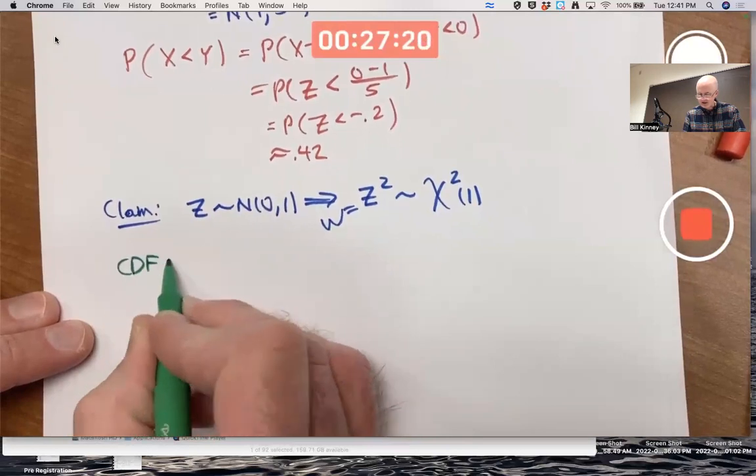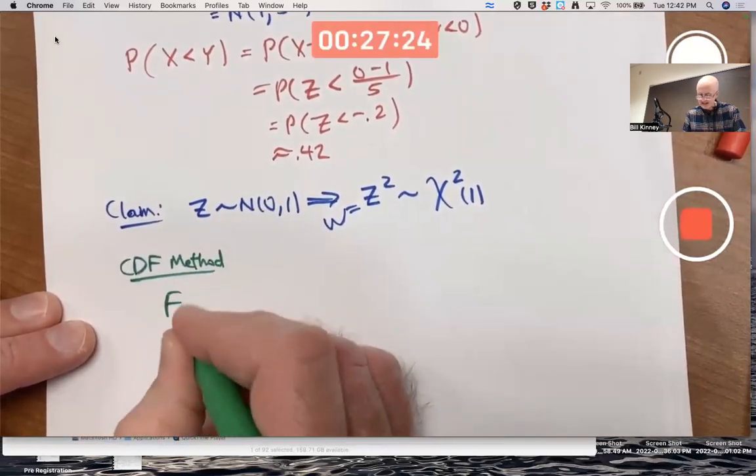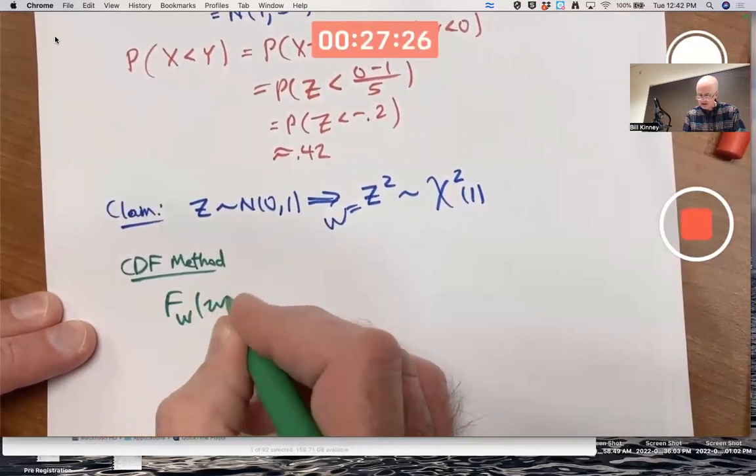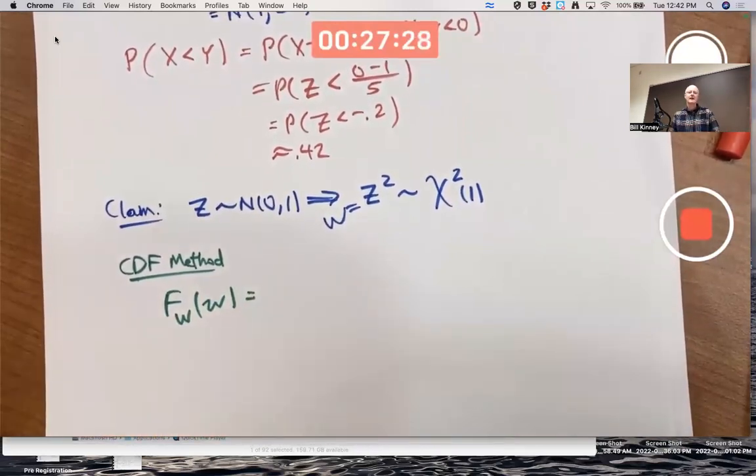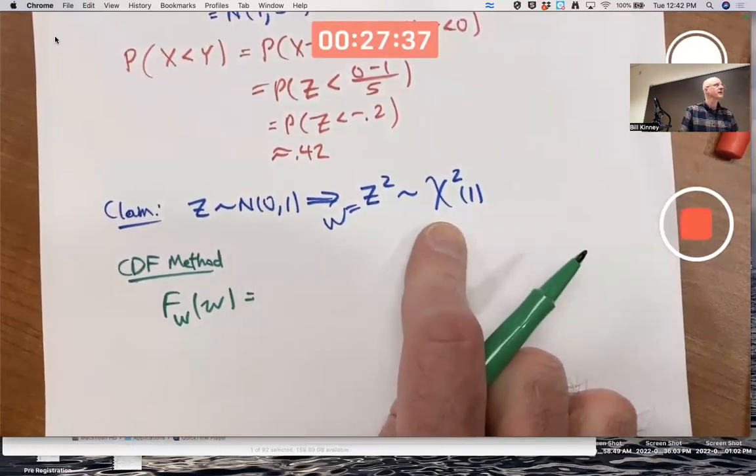CDF method to find the CDF for W. And then differentiate it to find the PDF. And what are we hoping? We're hoping it's a PDF for a chi-squared random variable with 1 degree of freedom. That's what we're hoping.